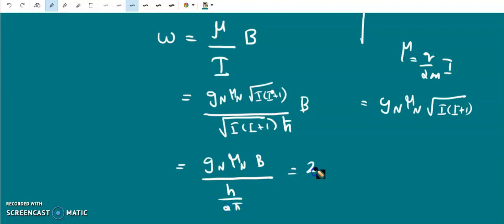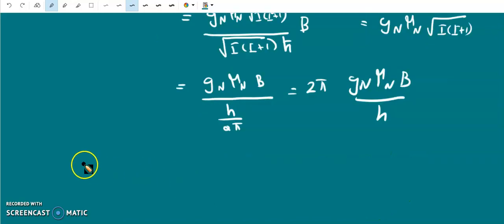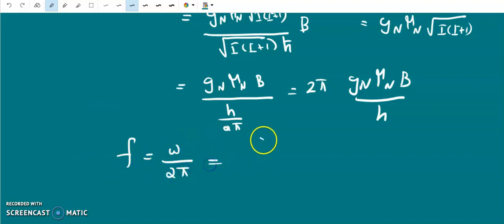So 2 pi into Gn mu n B by h. So this is the angular frequency omega, and the corresponding Larmor frequency is omega by 2 pi, which is equal to Gn mu n B by h.